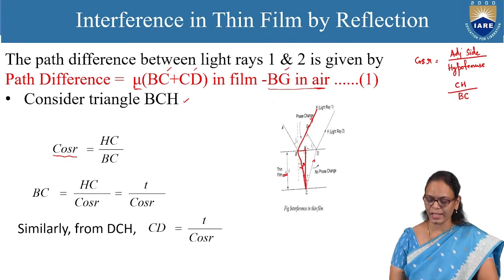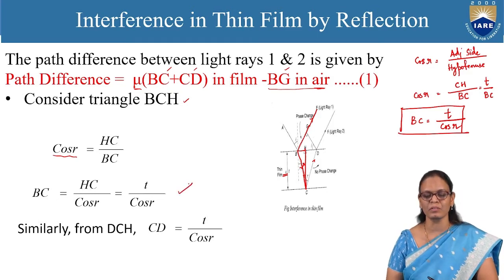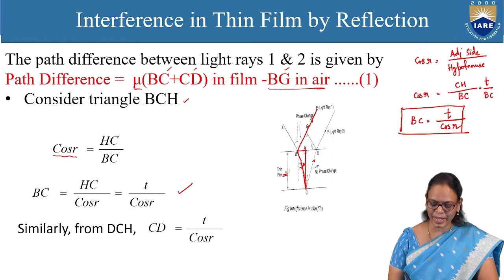And what is CH equal to? It is nothing but the thickness of the film. So if we have to calculate BC, we take it to the other side. So BC will be equal to T upon cos R. Once we get BC, we can calculate CD also.